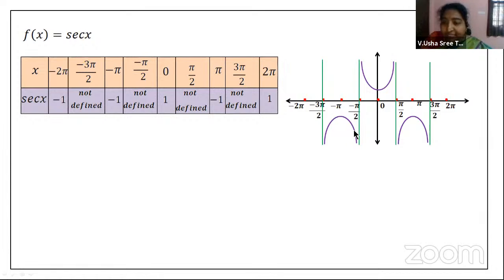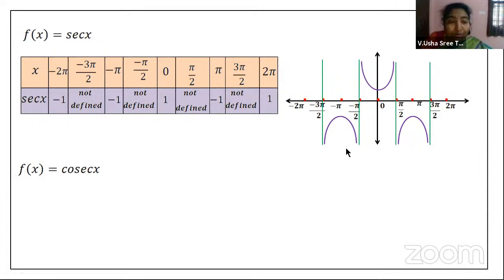So this is 180 degrees. Another 180 degrees here. So 360 after traveling from here to here, again you are able to see the same pattern. That means the function secant is also periodic. The period of this function is 2 pi.